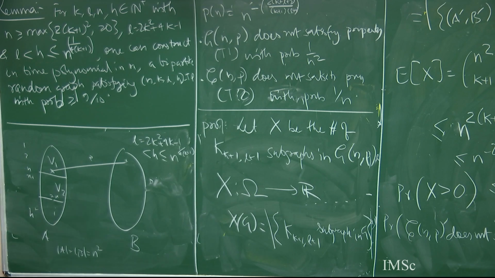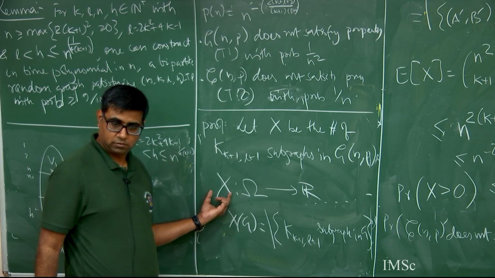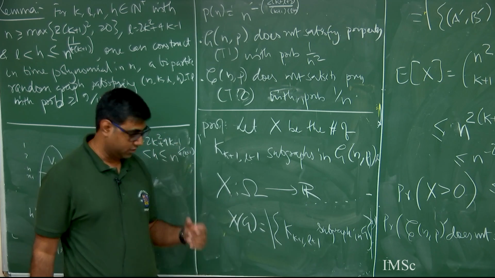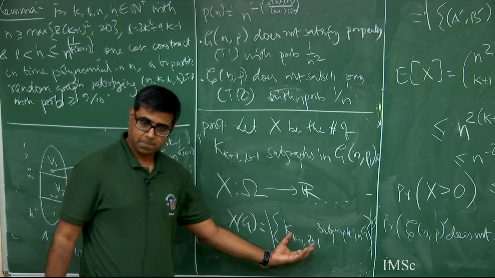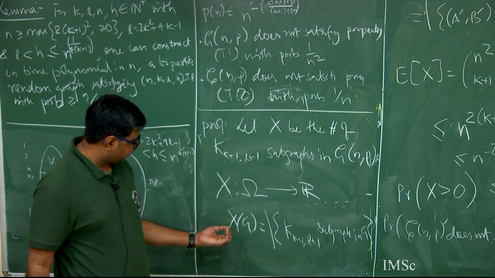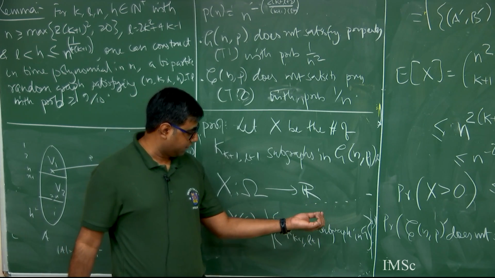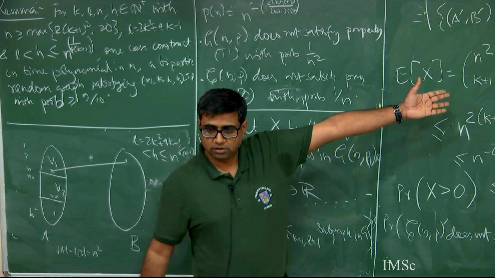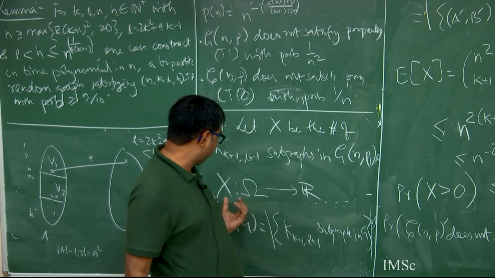See, what was my x? If you think rationally, x of G is something, right. What is the value x can take?